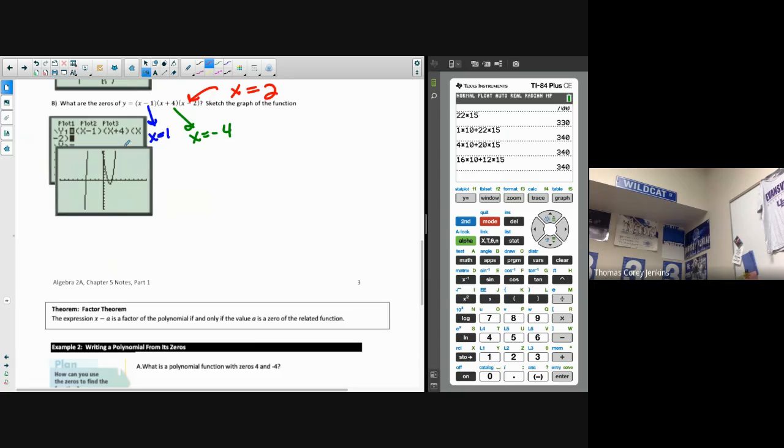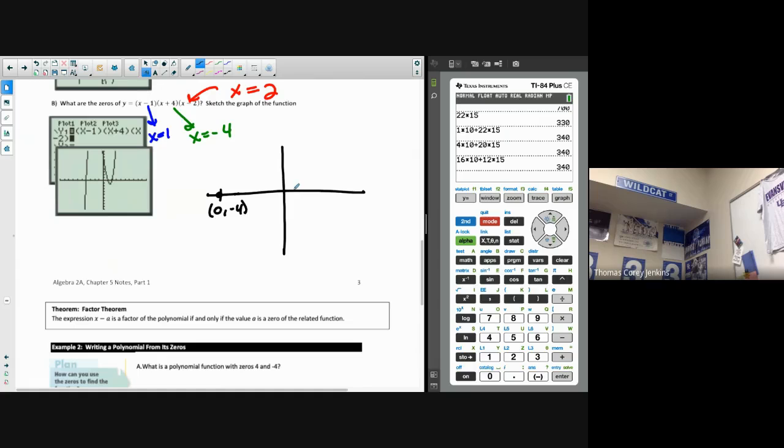So the last thing that you would take note of if you wanted to make a decent sketch, well, just based on the zeros, we know that, we'll say that's 0, negative 4.